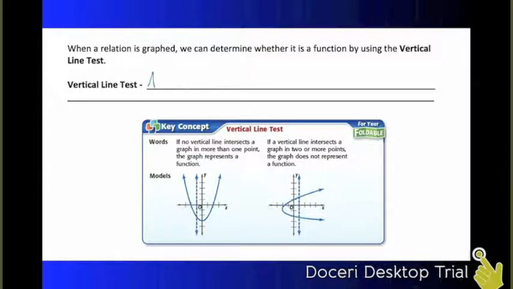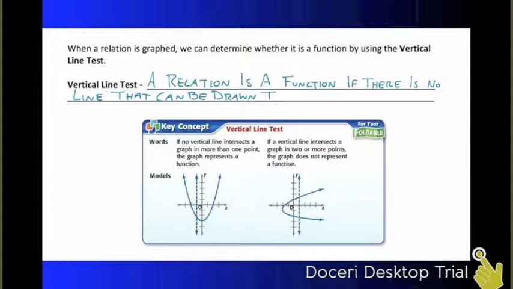We'll be more specific: a relation is a function if there is no line that can be drawn that hits the function more than once.